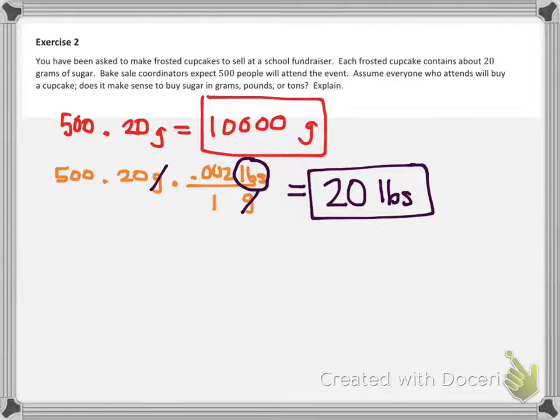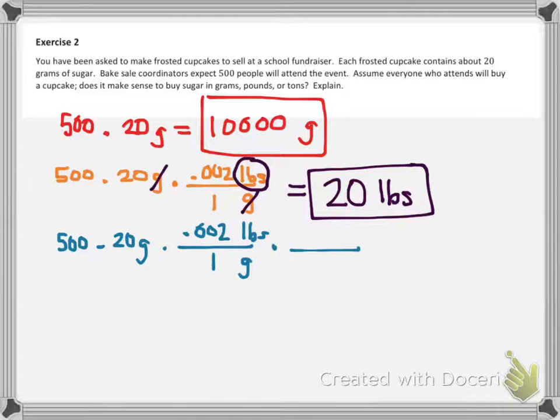And then let's see what happens if we turn this into tons. So we're going to use the same 500 people. They're each going to buy one cupcake, which is worth 20 grams of sugar. We're going to change our grams into pounds again, 0.002 pounds in 1 gram. And then we're going to change our pounds into tons.